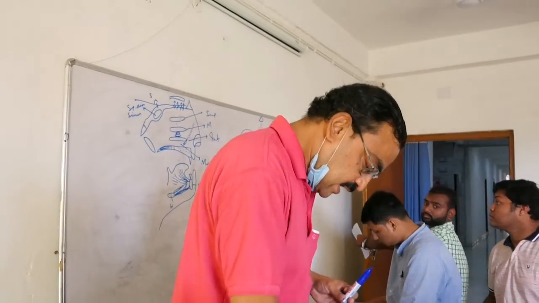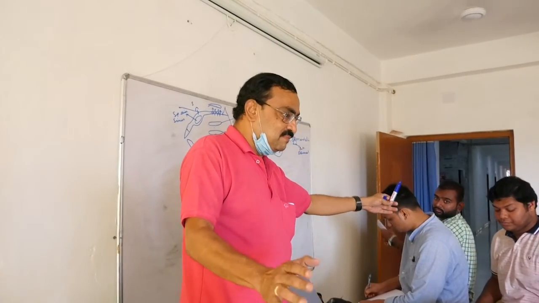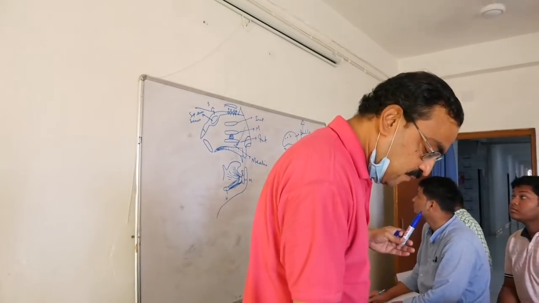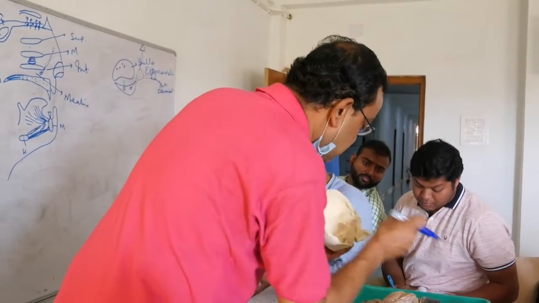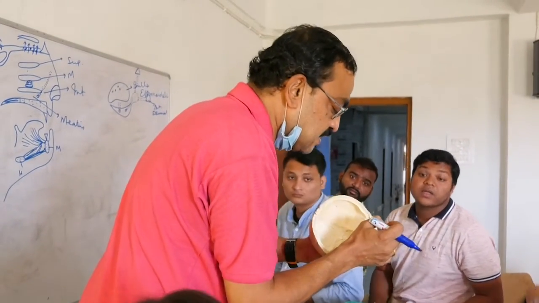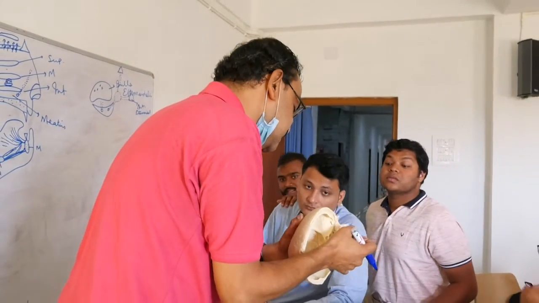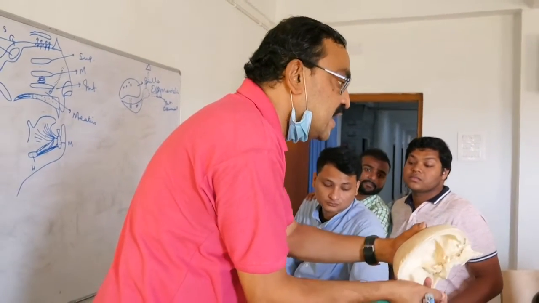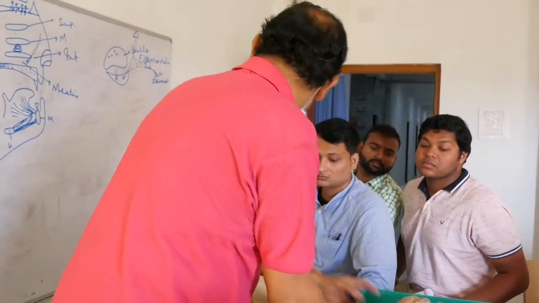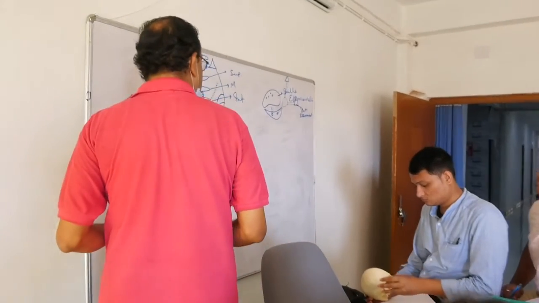One is anterior; one is on either side of the table. There are drawers, and within the drawer, if we go inside, this is the maxillary air sinus. You can find the base is directed here, and the apex is directed at the zygomatic root.